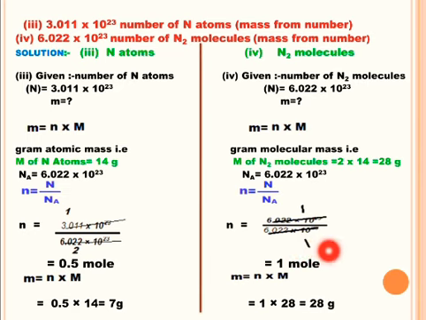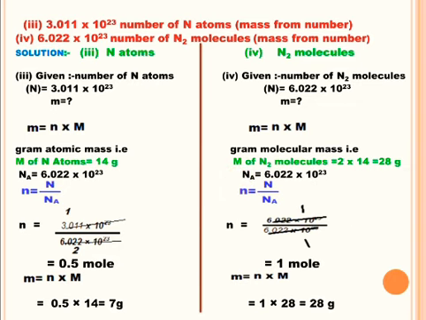So what we have to do? We have to put this value of small n in this formula. See, in the second last step, small m is equal to small n multiplied by capital M. We have got the value of small n, that is 1 mole, and we have also got the value of capital M, that is 28 grams.